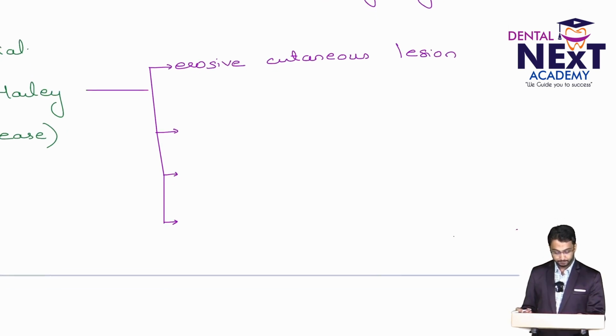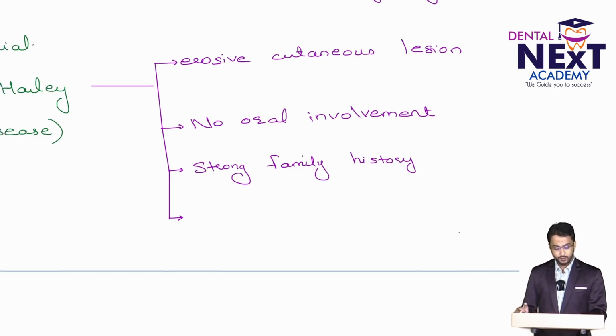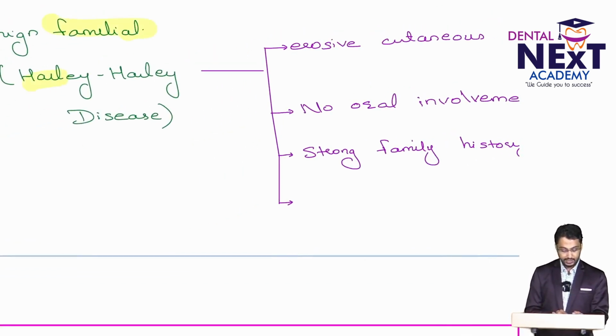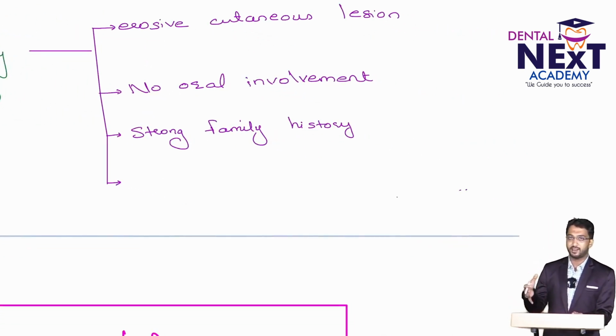Now another thing which you have to know, no oral involvement. Like the pemphigus vulgaris and vegetans we saw, there is no or very little oral involvement. So it's not important for you as a clinician, but it's important for you as a NEET MDS aspirant. They can ask you Hailey-Hailey disease. Strong familial history. Why? Familial Hailey.